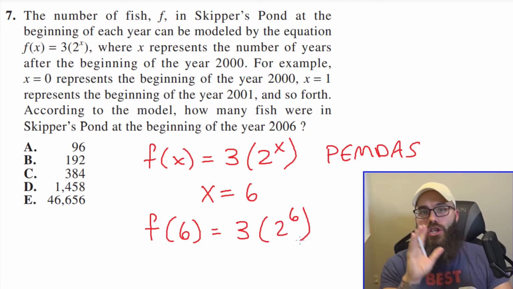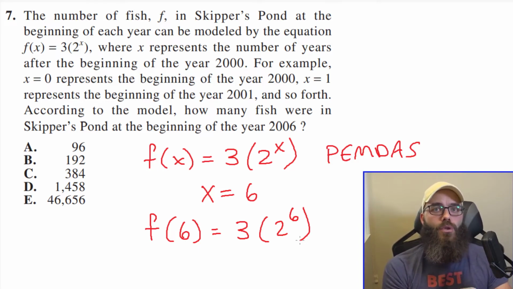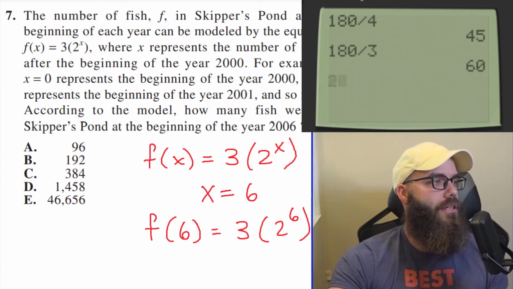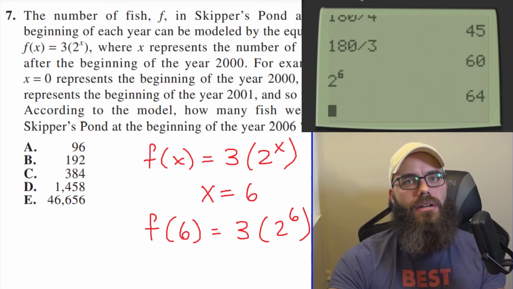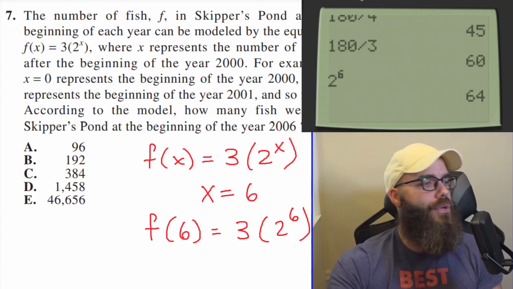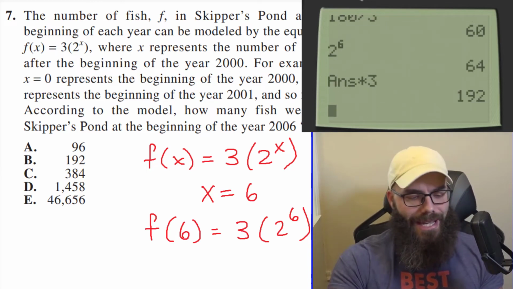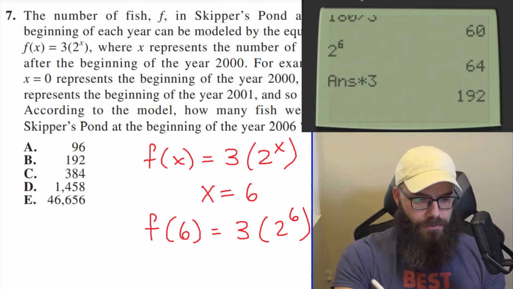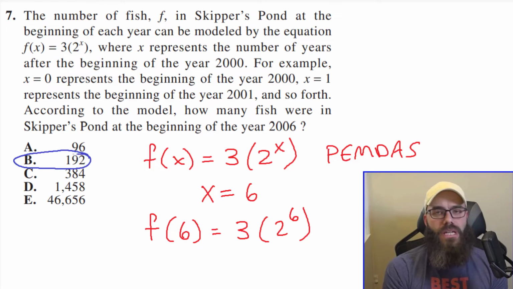Now again, you have to raise 2 to the 6th power before you multiply by 3. Go to your calculator, 2 to the 6th power. Don't make any mistakes with your calculator. So 2 to the 6th power is 64, multiply that by 3. 192. So let's circle that in blue. Booyah, 192. All right, there you go.